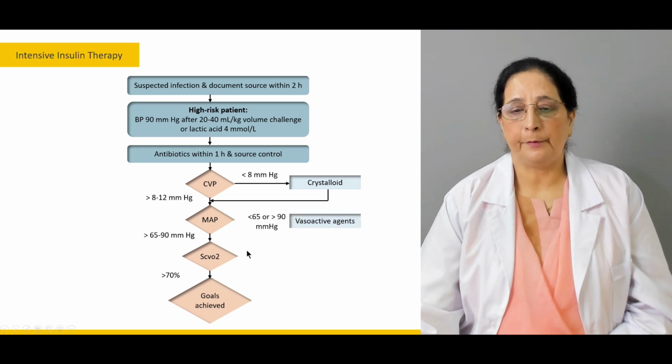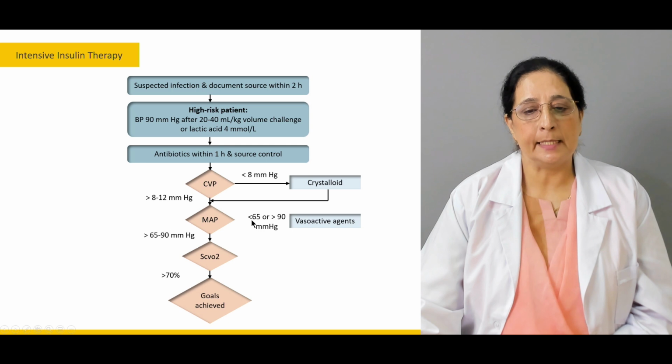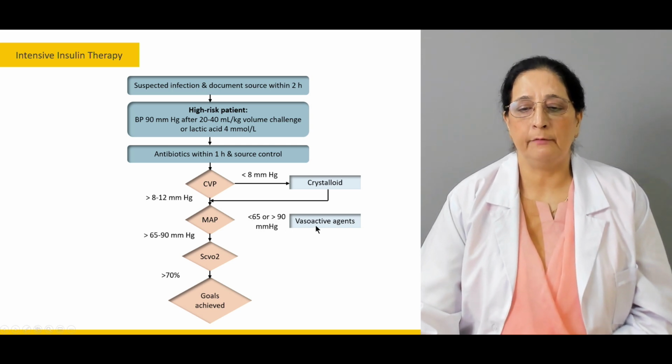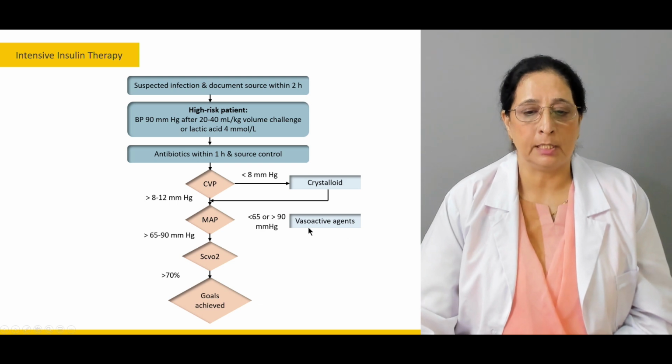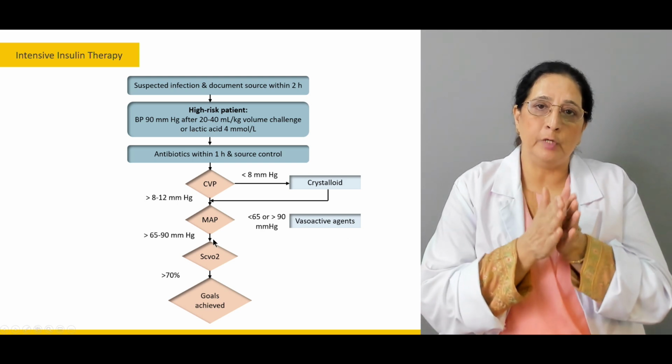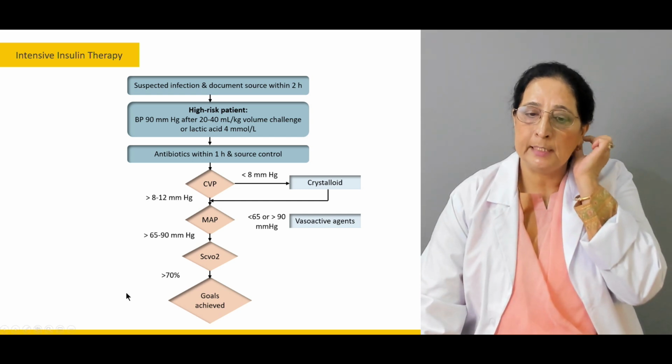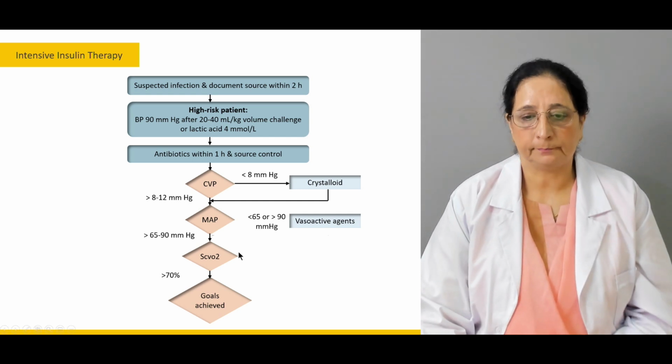Mean arterial pressure, if it's less than 65 or more than 90, we should give vasoactive agents. The goal should be between 65 to 90, so that means the goal is achieved.